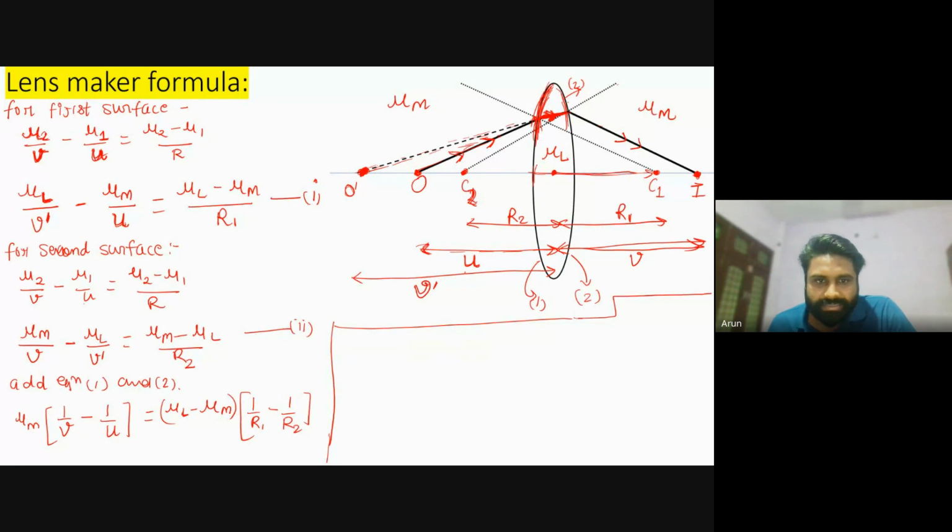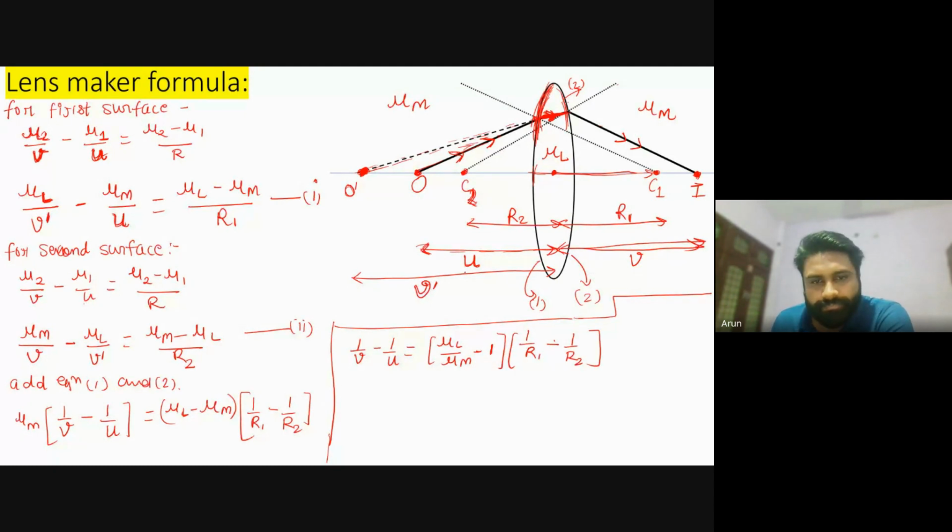When we divide, we have 1 upon v minus 1 upon u equals to mu L by mu m minus 1, because mu m by mu m gets canceled out, into 1 upon R1 minus 1 upon R2. Okay, got it?